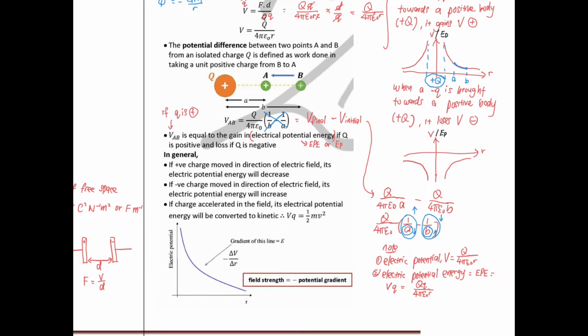So in general, if a positive charge moves in the direction of electric field, you have to think about it. What is the direction of electric field? Let me clarify this. I need a bit more space here.